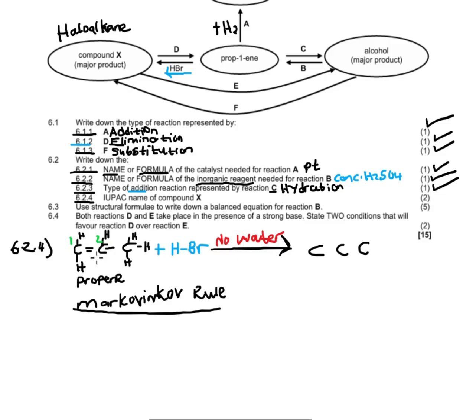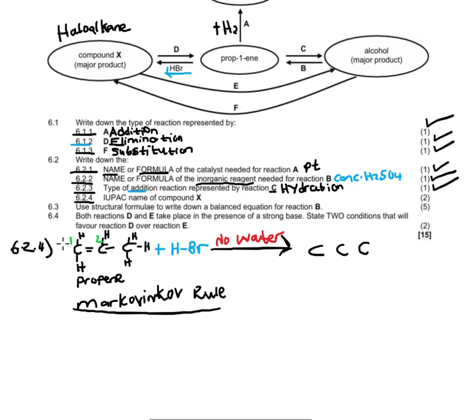It states that between carbon number 1 and 2, because they are so special, they've got a double bond in between them, the carbon that has more hydrogens is going to receive another hydrogen. So between carbon number 1 and 2, which one has more hydrogens?